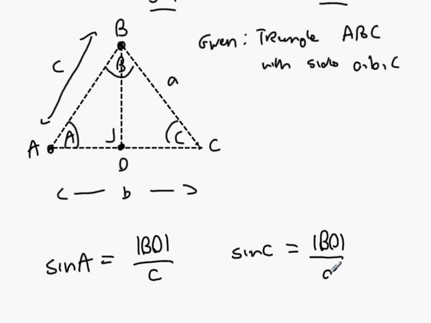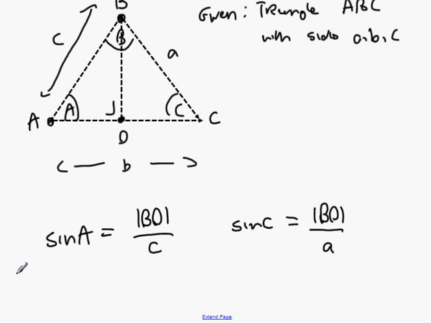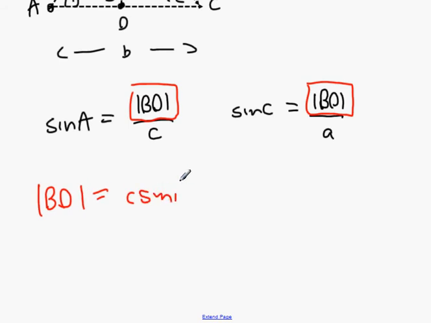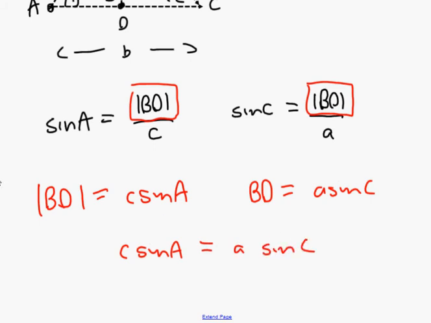And that is going to be all over length a. In both equations, they have a common part, the BD. Let's get BD on its own. So BD equals c sine A, and BD equals a sine C. By that logic, c sine A is equal to a sine C. And which way does it want it?